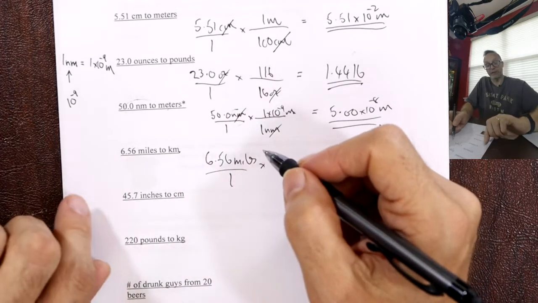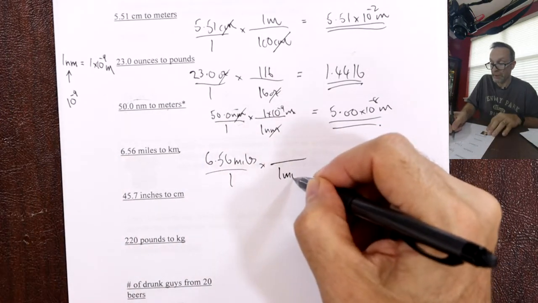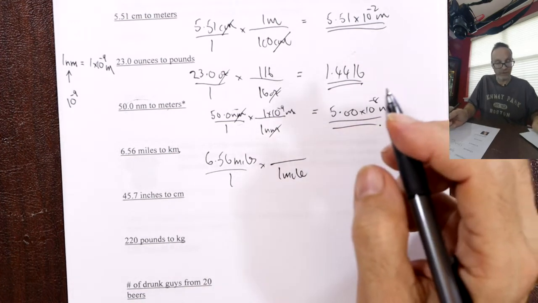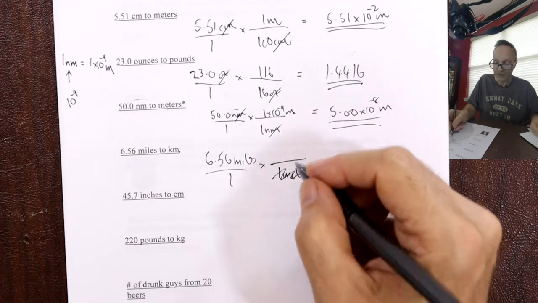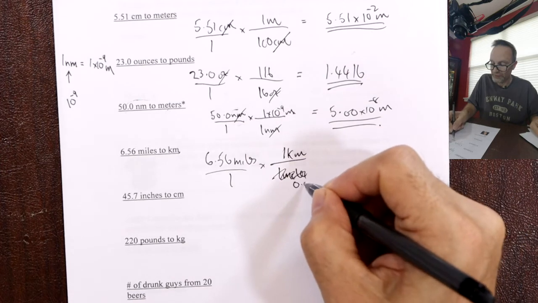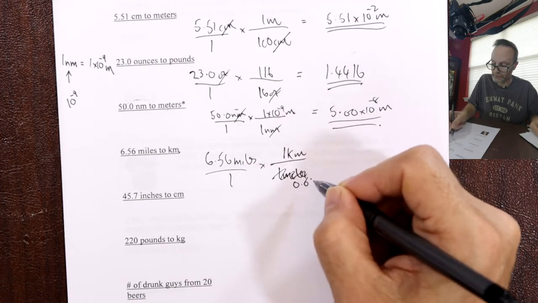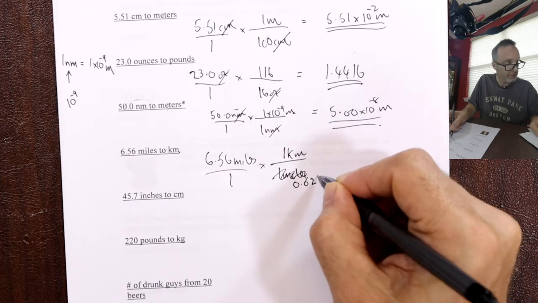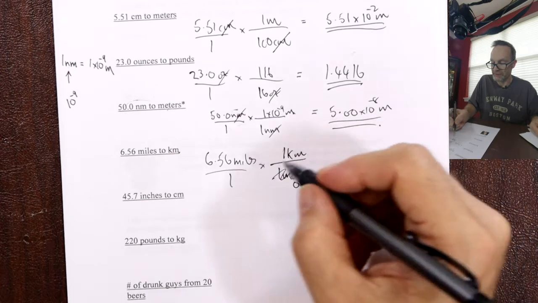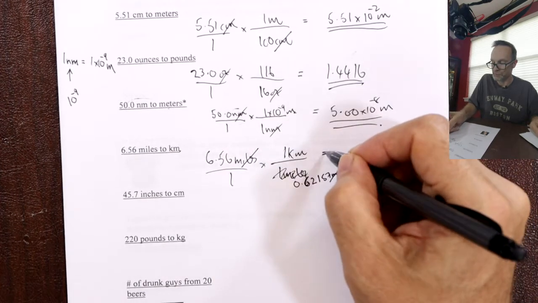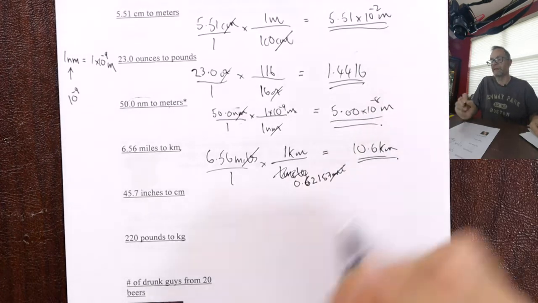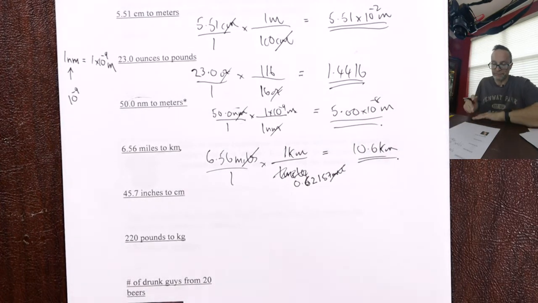Now, if you look in the back of the book, you can do either 1 kilometer is so many miles or 1 mile is so many kilometers. It's 0.62157 miles. Double check that, look in the back of your book, or look it up on YouTube or Google. 10.6 kilometers. All right.